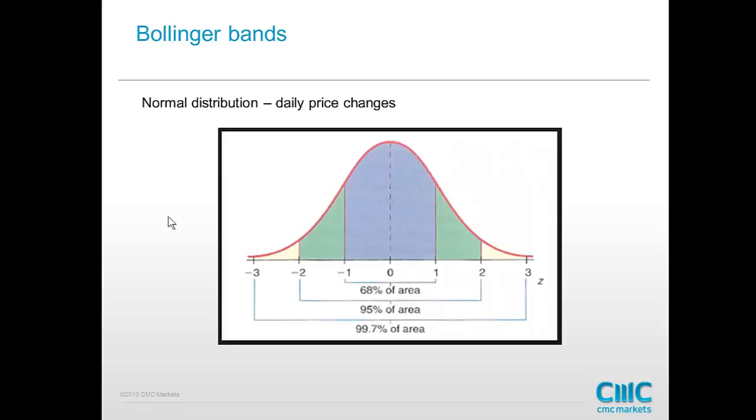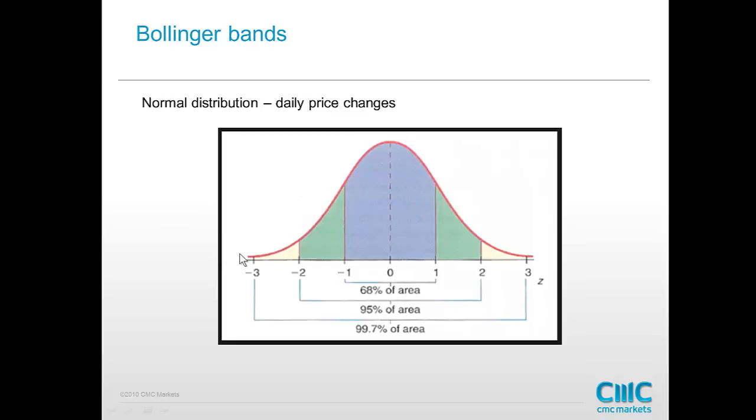Essentially, the computer takes all the price moves for a period. On a daily chart, we normally look at a 20-day period. It then graphs those price changes depending on how frequently they occur. And the most frequently occurring price change is the average or the mean, and the mean sits in the middle of this curve.